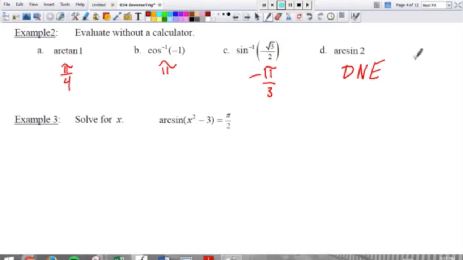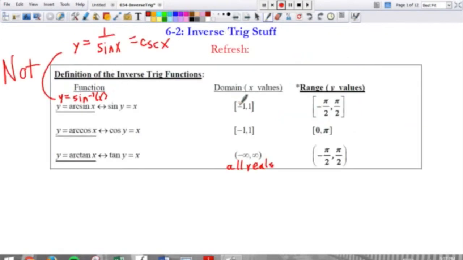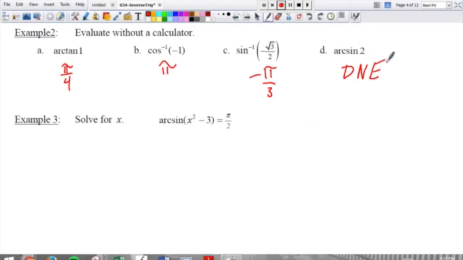There are no angles for which sine can put out a number greater than 1. Sine's range, recall, is between negative 1 and 1. That's why arc sine's domain is between negative 1 and 1. So this question doesn't make sense. It's not defined there.